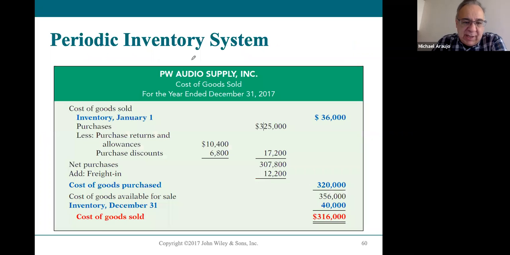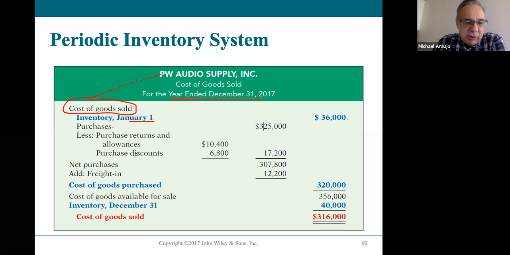This is what it looks like. This is a more formal sheet here of how they calculate the cost of goods sold. This is for PW Audio. They had a bunch of inventory at the beginning of January. This is for the year here. So they start with this inventory. Looks like they made a bunch of purchases.